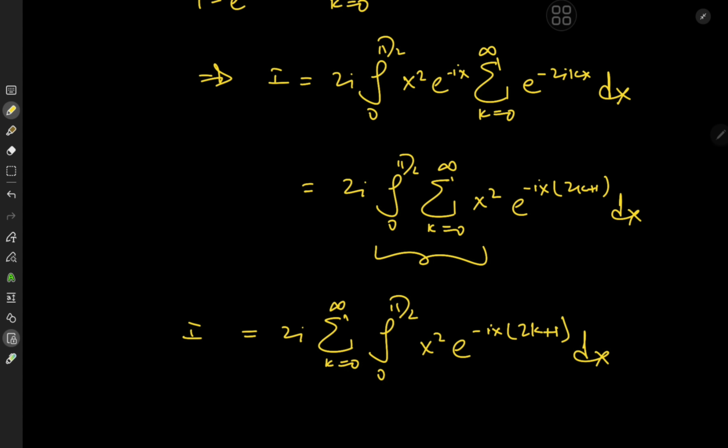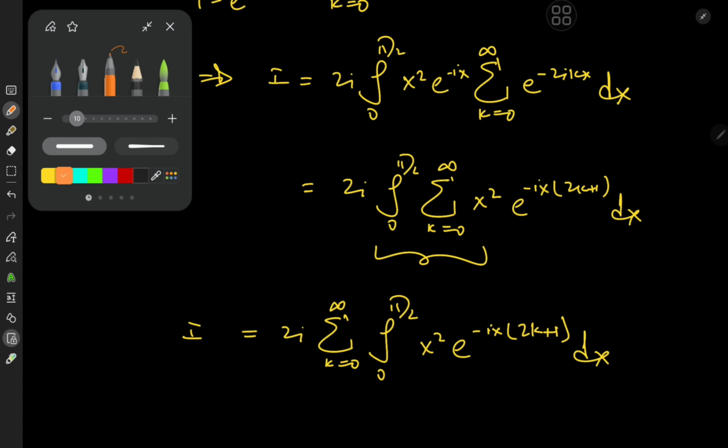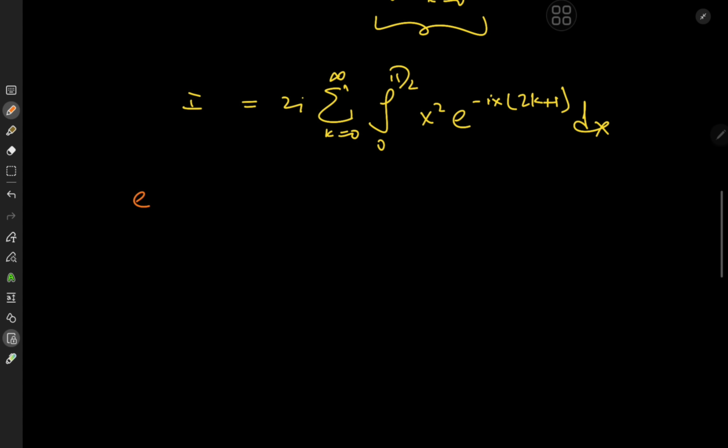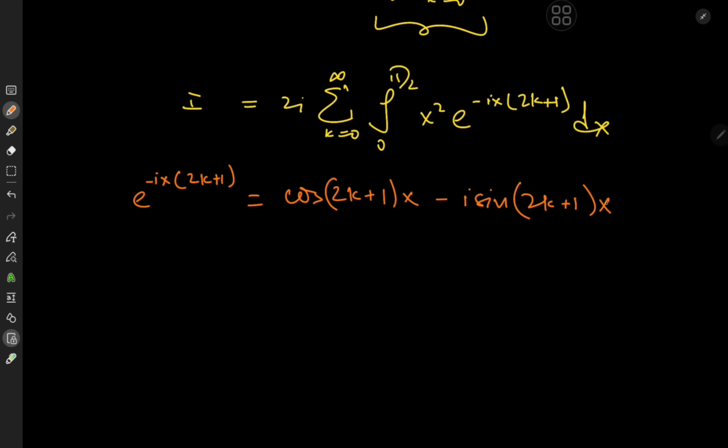Now, before moving forward, I'd like to take a look at the exponential function we have. We have e to the negative ix times 2k plus 1, and we know from Euler's formula that we can expand this as cosine of 2k plus 1 x minus i times sine of 2k plus 1 x. And we have a 2i term being multiplied as well, so I'm going to expand using that.